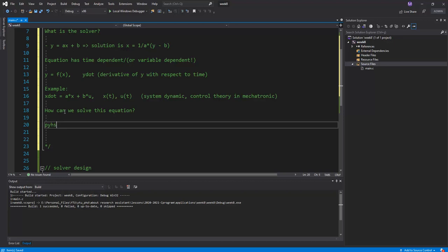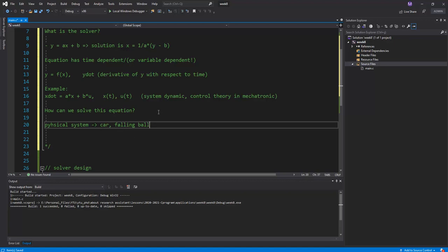Anything in nature, like a car or a ball or a falling ball. You should remember that in physics you can calculate how much time is required for a falling ball to reach the ground, okay?